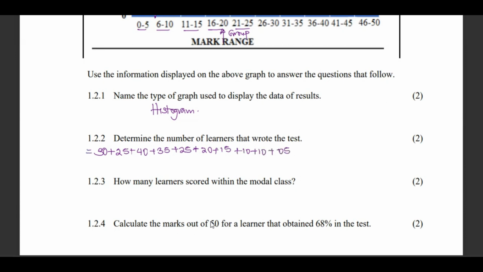So here we have the answer as 215. Next: how many learners scored within the modal class?